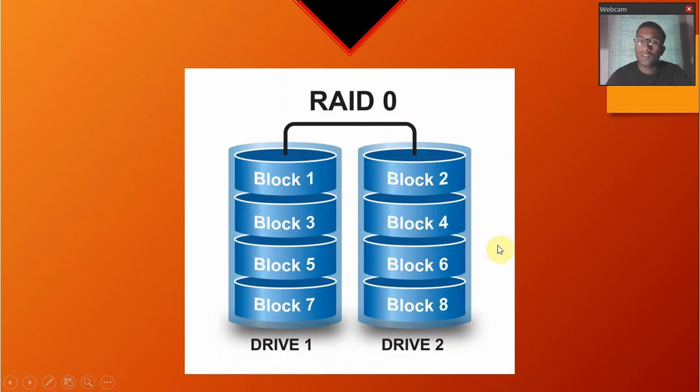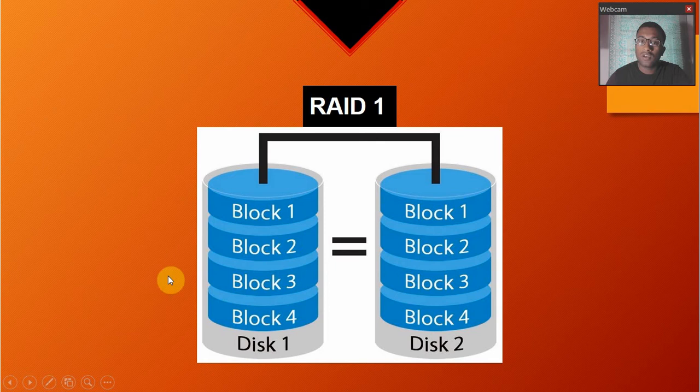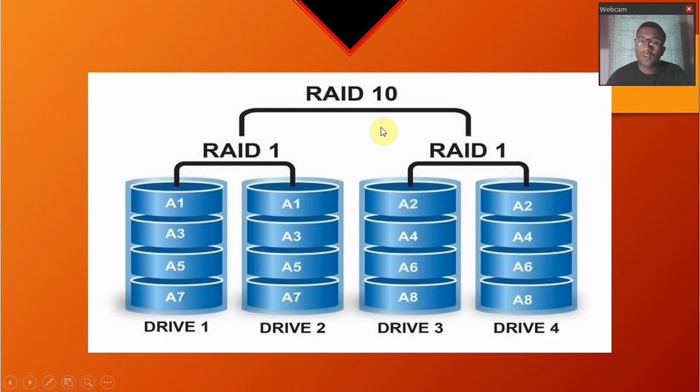So this is RAID 0 striping. That is, each file will be distributed across blocks. RAID 1 is mirroring, that is, giving backup. RAID 10 includes mirroring as well as striping.